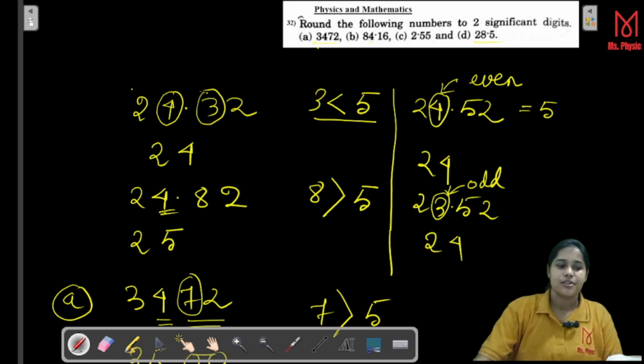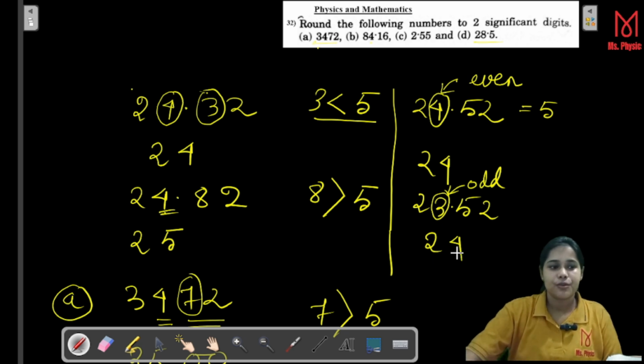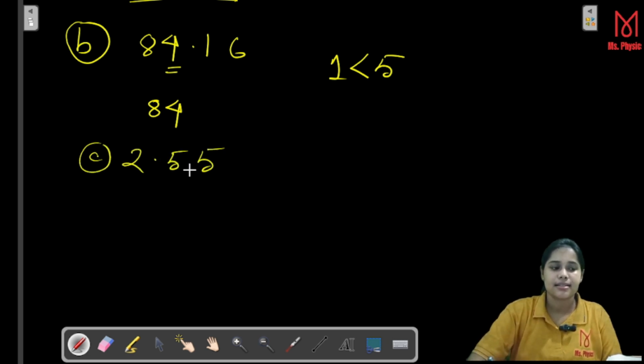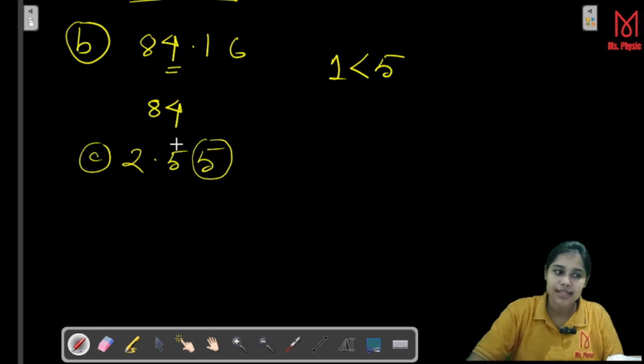Clear? So if you go to the third numerical, that is 2.55. Here you see that after the second digit, it is 5. So it is equal to 5. Now you have to check whether the digit before it, the second digit, is an even digit or an odd digit.